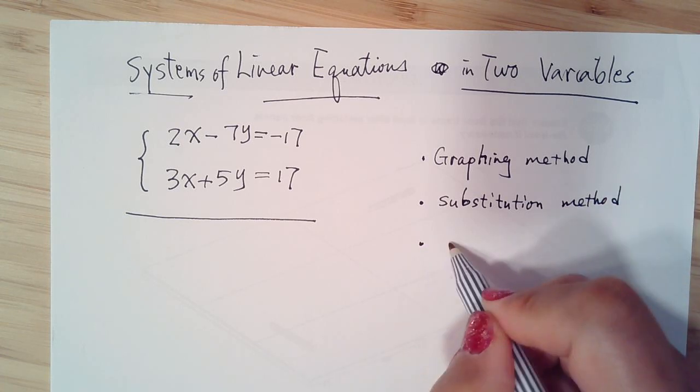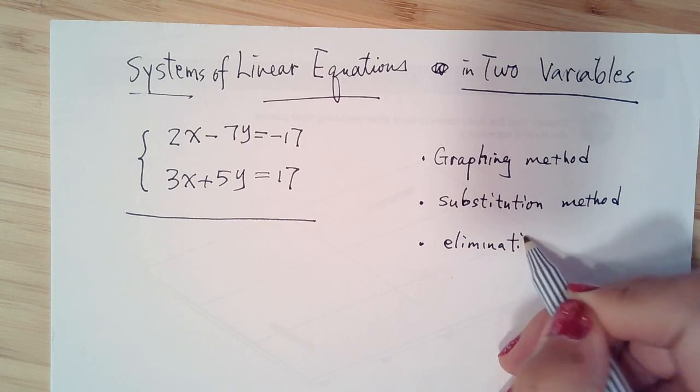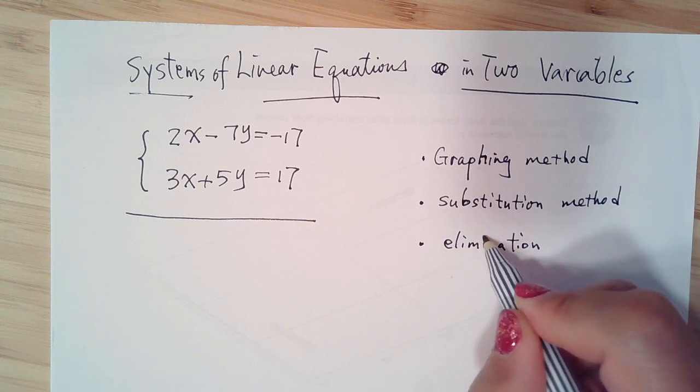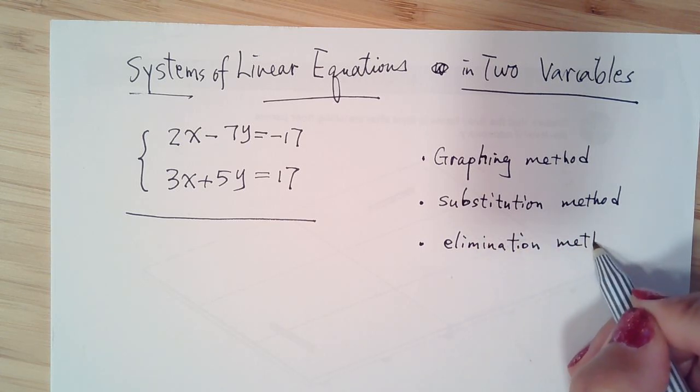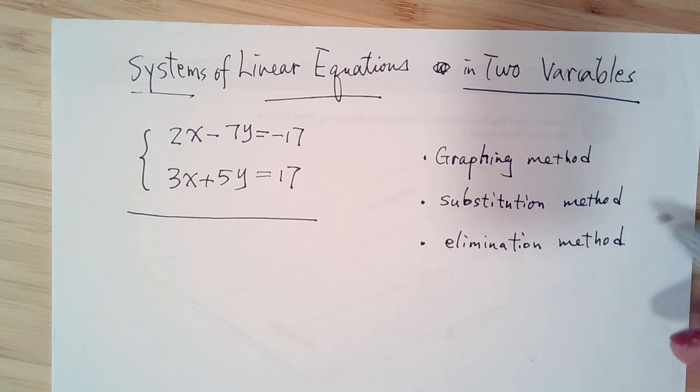And then the other one is called elimination method. I'm going to go over these three methods one by one. All right, so the easiest one, let's do the substitution method.